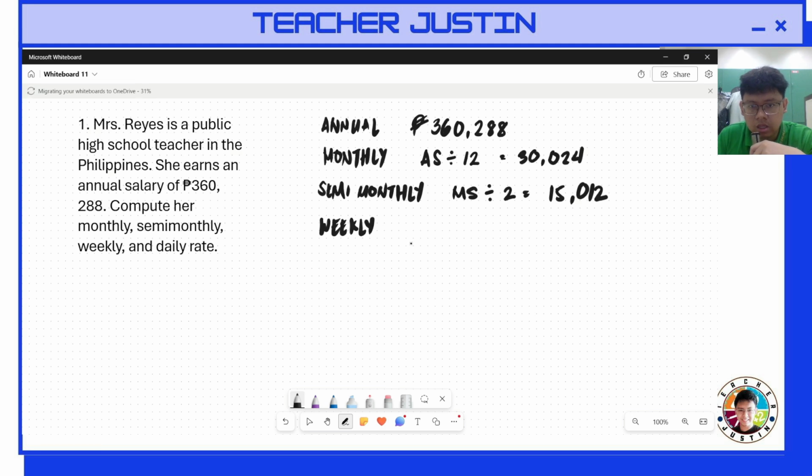Okay. Next, let's solve for the weekly. Weekly salary is going to be the annual salary divided by 52. So please take note that in 1 year, we have an equivalent of 52 weeks. So we will divide the annual by 52.